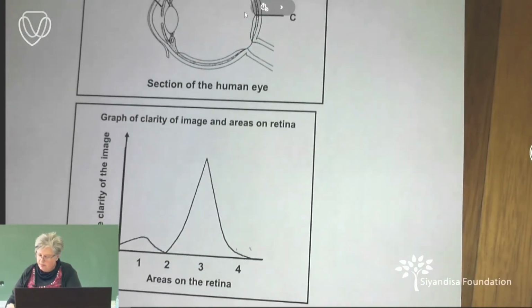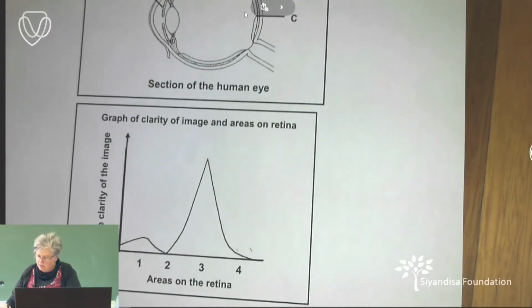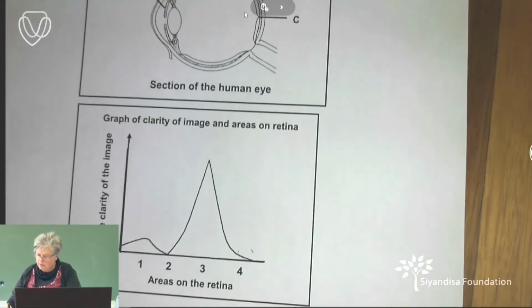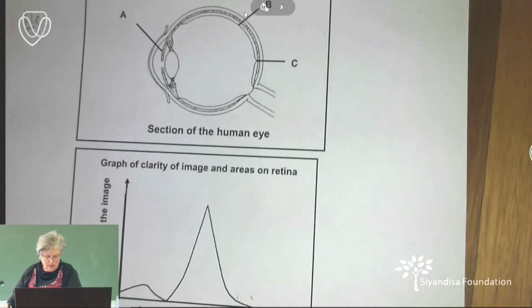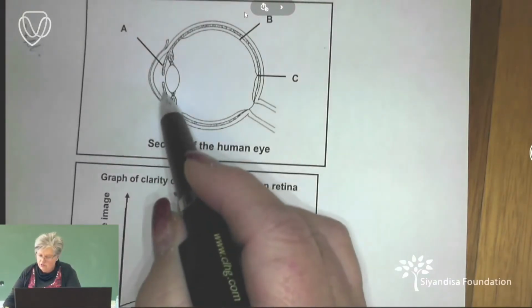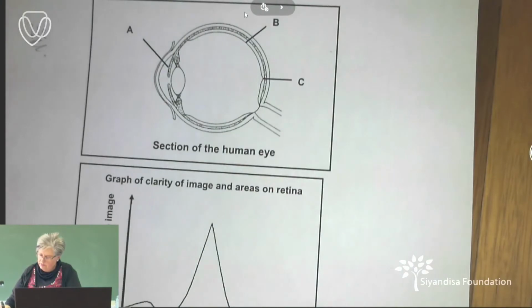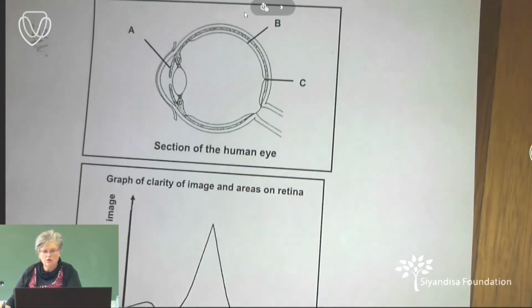Then, explain how and why part A makes adjustments when the person moves from bright light into darker light. Okay? So here they ask us, what will happen to the iris when a person moves from bright light to dark light?